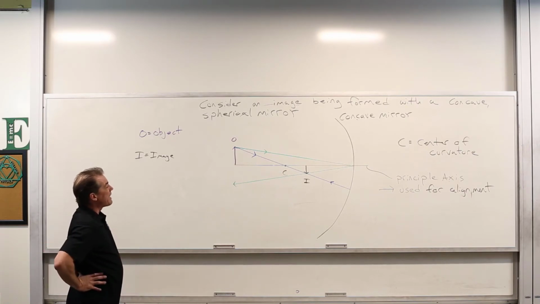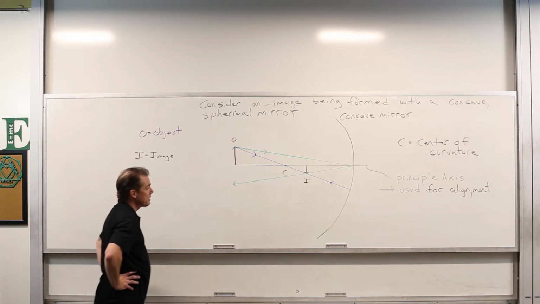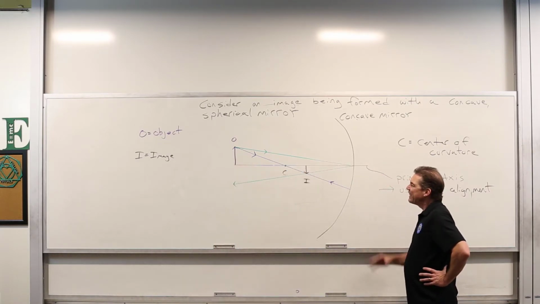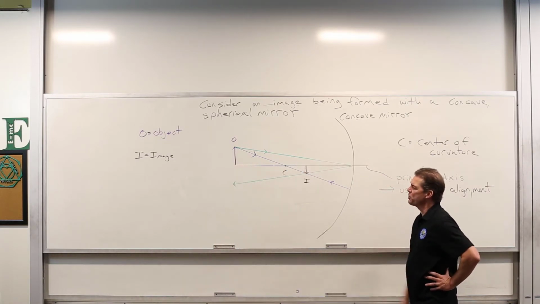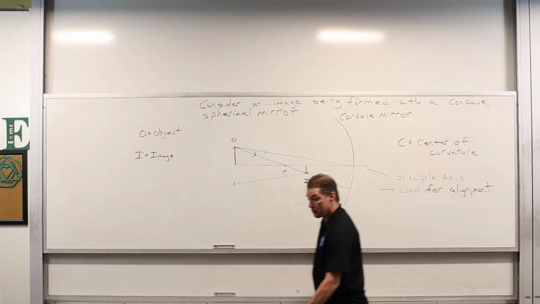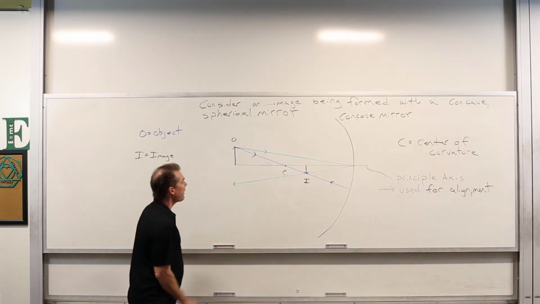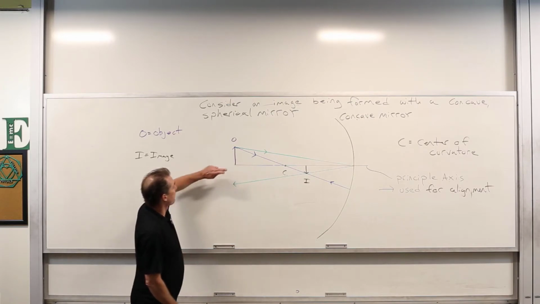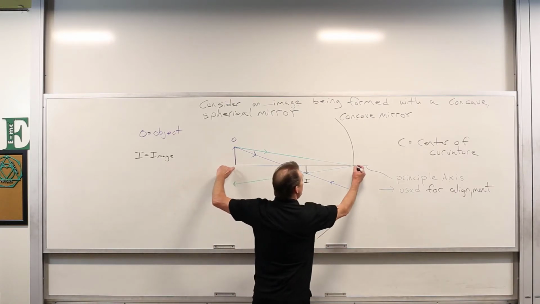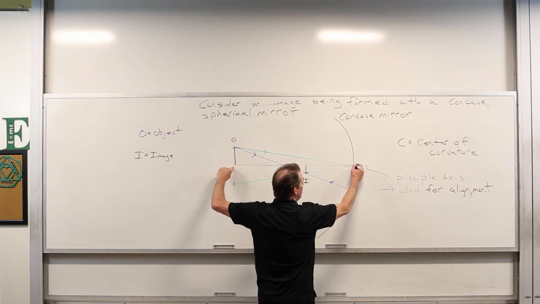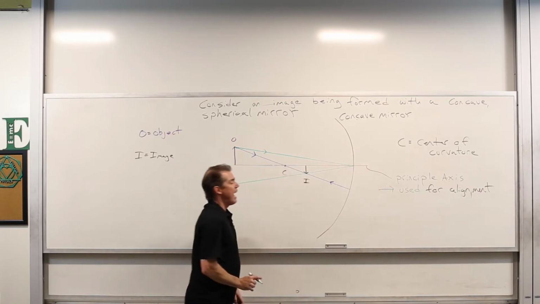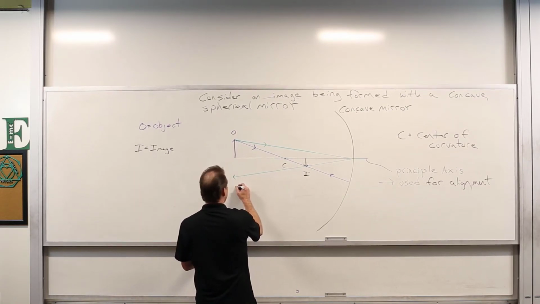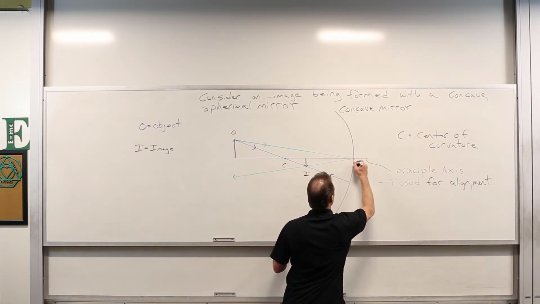So what we want now is to be able to name some things and start to figure out exactly how we can mathematically approach this. So let's just do that, shall we? Let us name some distances here. Let us name the distance from the object to the intersection point of the mirror and the principal axis as the distance P. I'm just going to translate this down.